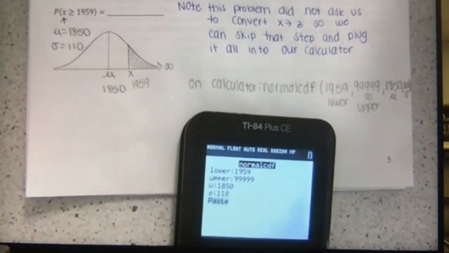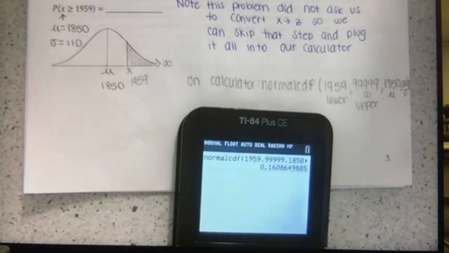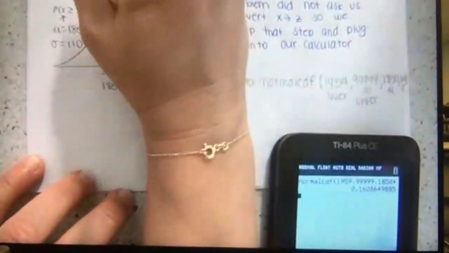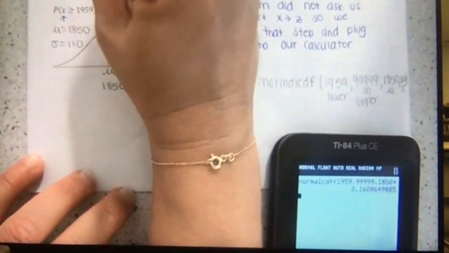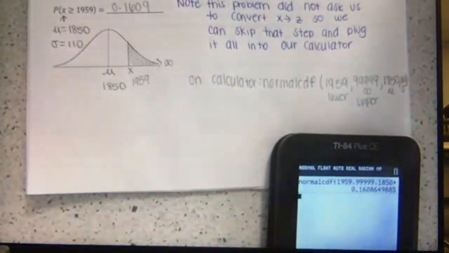So behind the scenes, it's going to convert X to Z, do all this hard stuff for us. Boom, there's our answer. So we don't have to do any extra steps. It will do it for us. So 0.16086, which will round up to 0.1609. Love it.